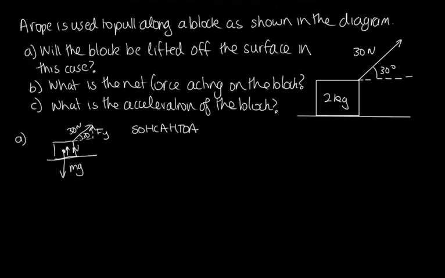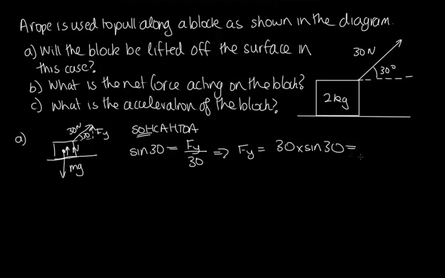Force Y is opposite the 30 degrees, and we've got the hypotenuse. So we'll use sine of 30 equals the opposite, which is force Y, over the hypotenuse, which is 30. That tells us force Y is equal to 30 times sine 30, which on the calculator gives 15 newtons.